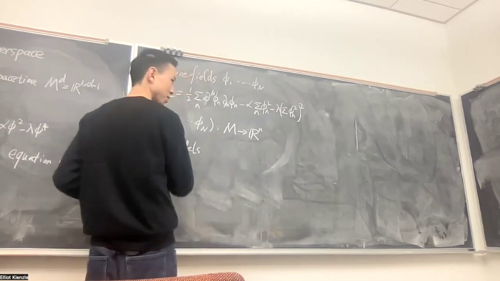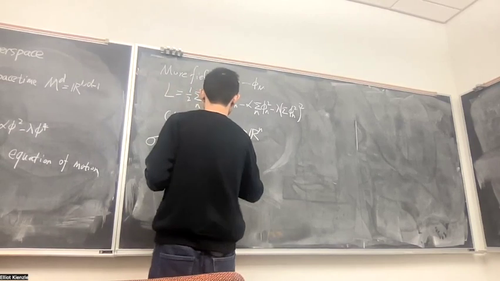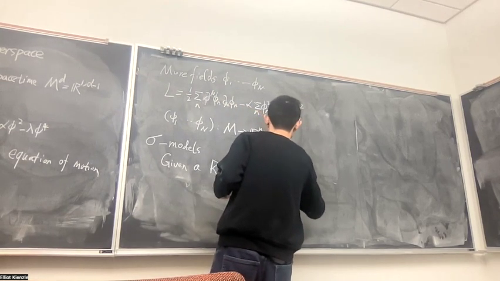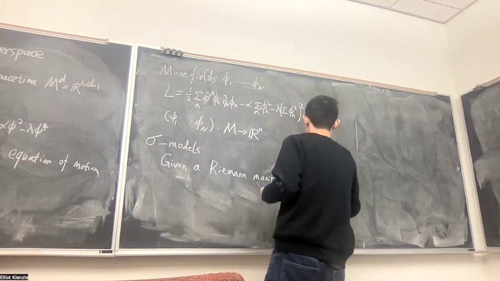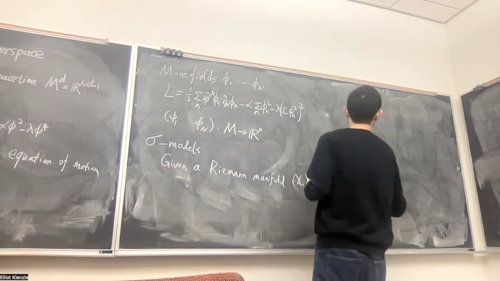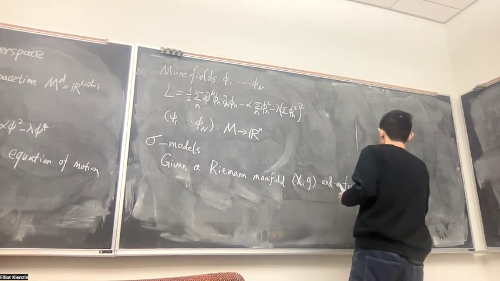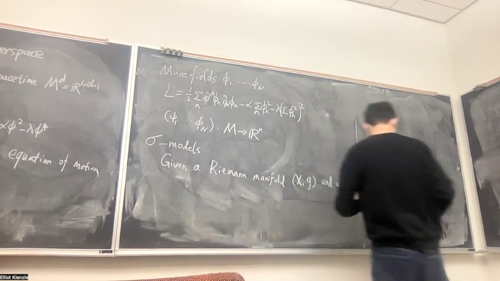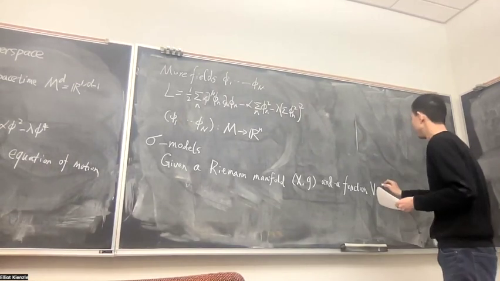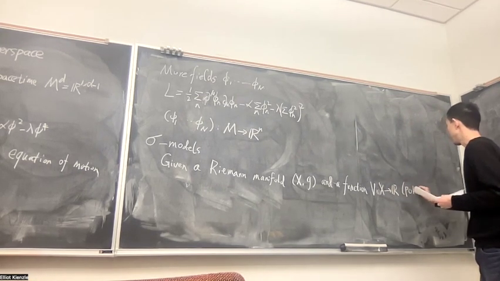So what's a sigma model? Take a Riemannian manifold, let's say X with a metric G, and also a function from X to the real numbers, and this is usually called the potential function.